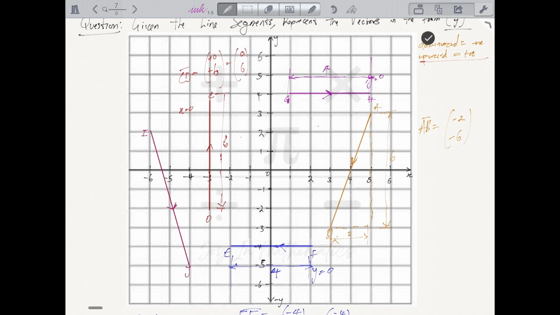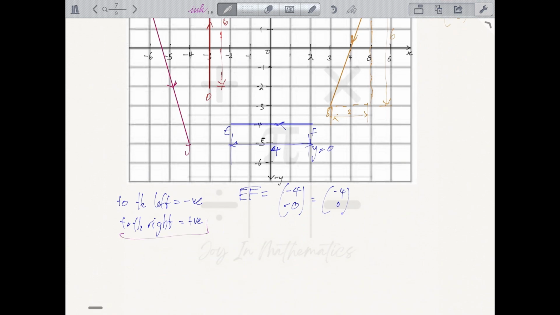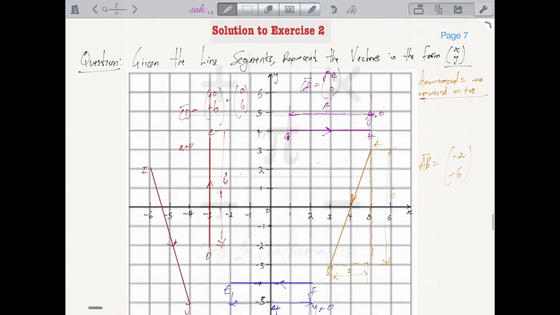So vector GH has 4 units on the x-axis and 0 on the y. Now, is it moving to the right or to the left? We can see that it is moving to the right. If it is moving to the right, it is positive. So this will give us +4, +0, and we can rewrite it as (4, 0).